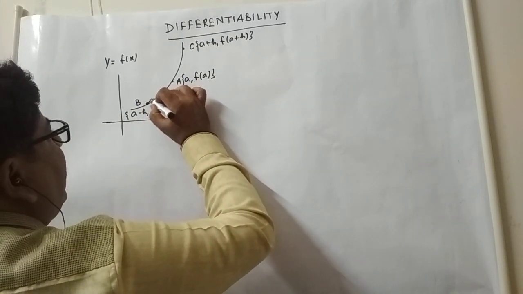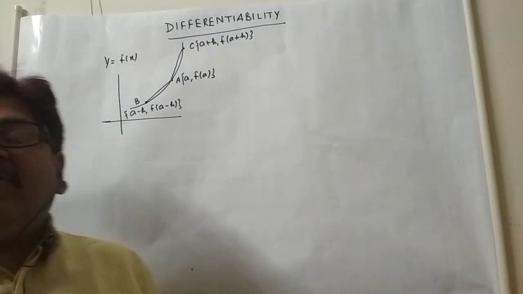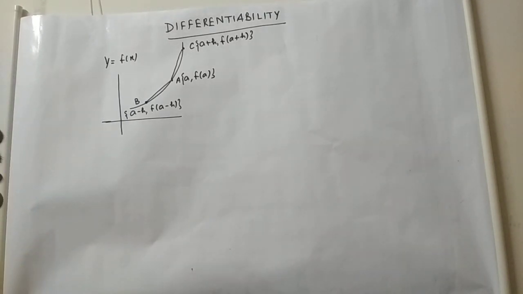Now join these points. Join A and B and join A and C. So AB and AC are two chords of the curve. Chords means straight lines. Now slope of a line joining 2 points (x1, y1) and (x2, y2) is (y2 minus y1) by (x2 minus x1).